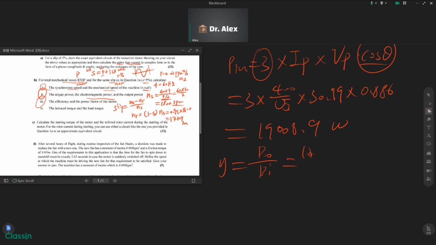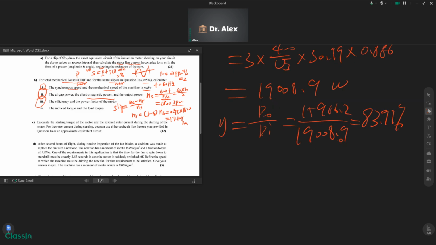Which is 15976.2 divided by 19008.9, which is 83.99%. So the questions on power are not that difficult. The only physics needed is just Ohm's law. We just need to convert our mind from real space, with only resistors, to complex space, which is Z equals R plus jX.